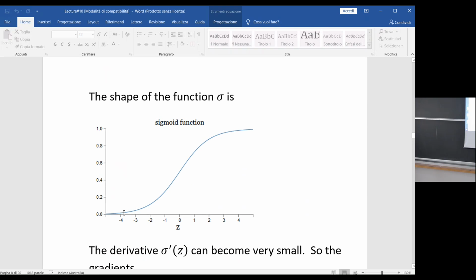And the shape of this function is sigmoidal. We can see that near zero, the behavior of such a function is very good. But after 4 and before -4, its derivative becomes near 0, so the gradient is very, very small.